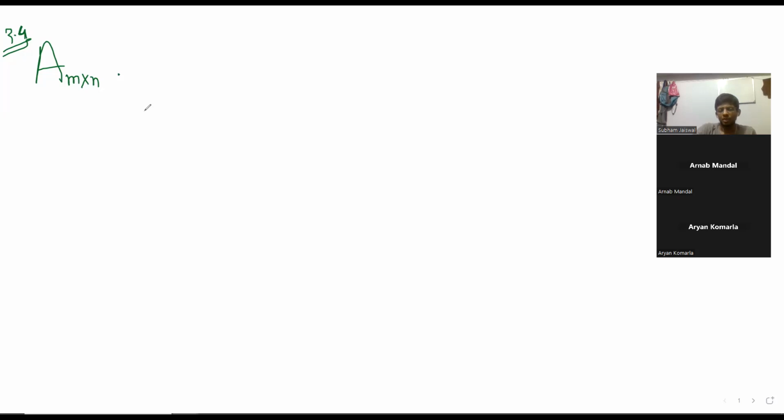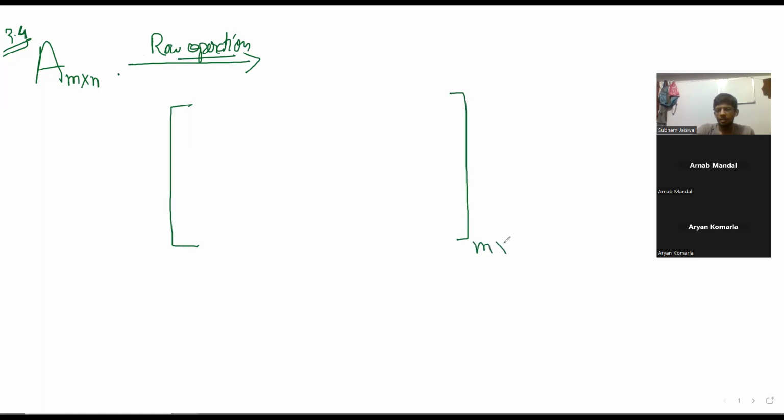You know that using row operations, we can simplify A. Using row operations, we can write A in this form. Let's say that it is M by N.